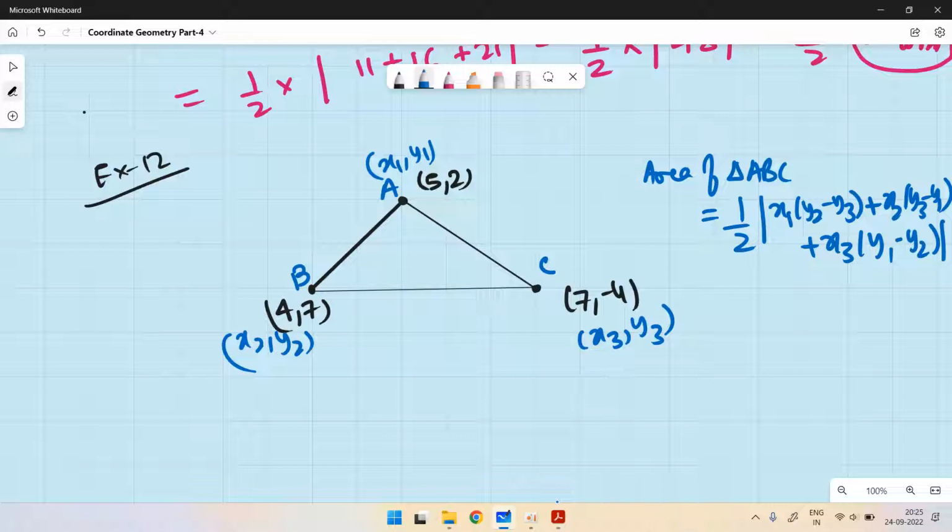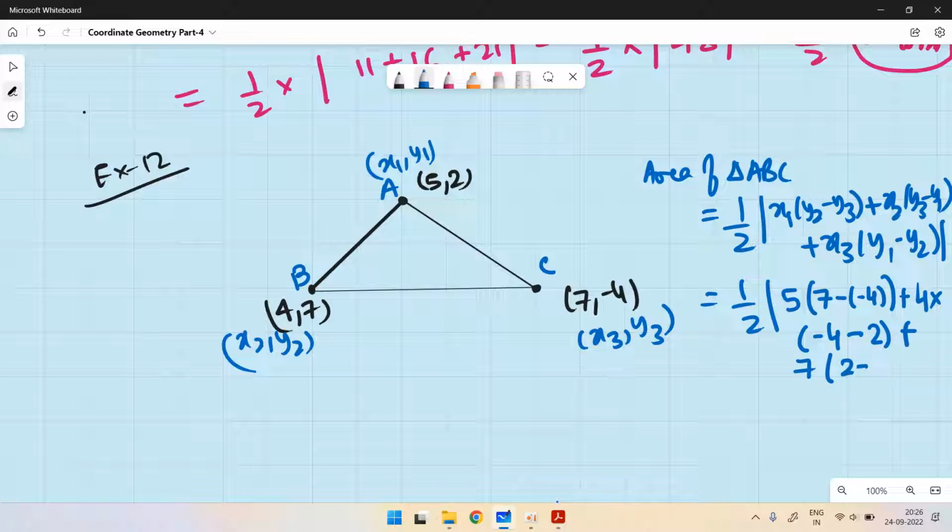Now if I put these values, this will be half: x1 is 5, y2 is 7, minus y3, which is minus 4. Then x2 is 4, into y3, which is minus 4, minus y1, which is minus 2, plus x3, which is 7, into (y1 minus y2), y1 is 2, minus y2, y2 is 7, mod.